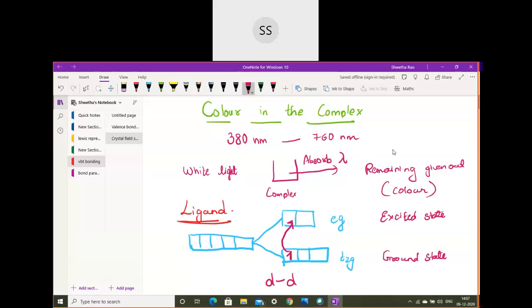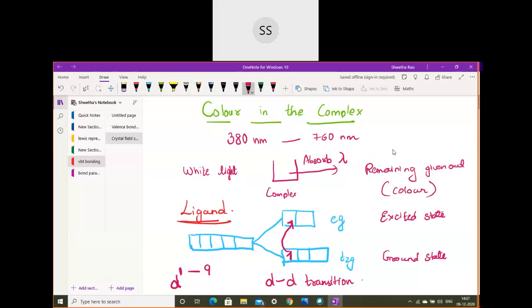This transition is possible only if the number of electrons in the d orbital ranges from 1 to 9. If they are completely filled, the transition won't be possible because there is no place available. For example, zinc will not show this.